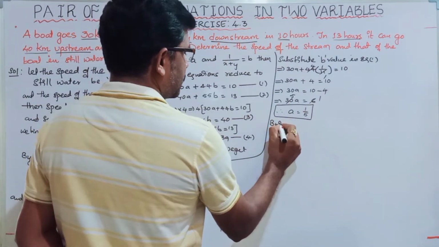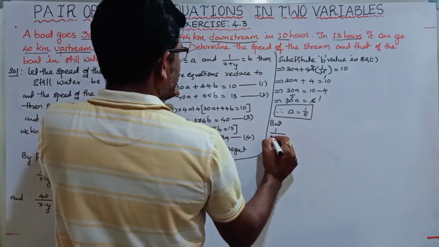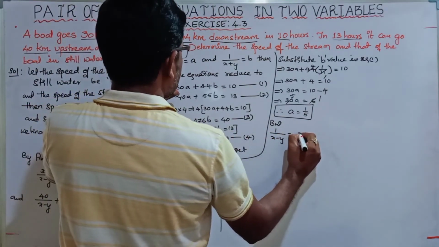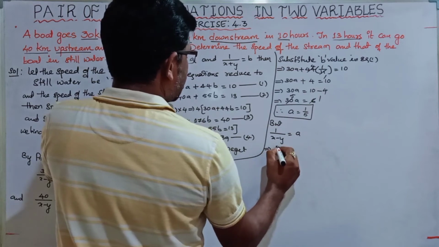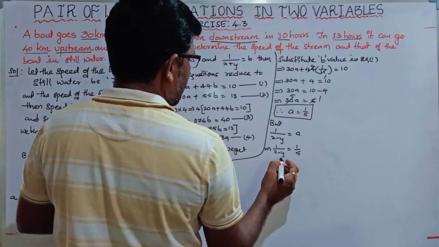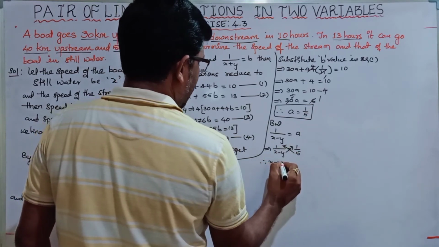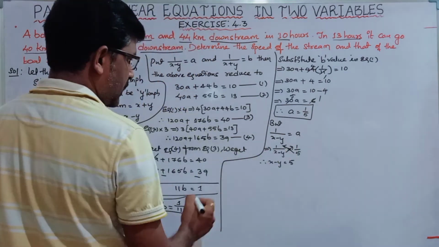But 1 by x minus y is equals to a. It implies 1 by x minus y is equals to 1 by 5. By cross multiplication, x minus y is equals to 5.